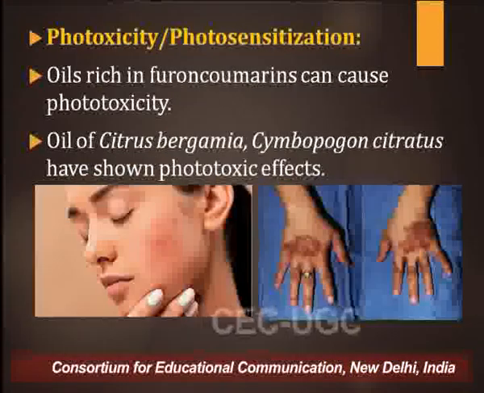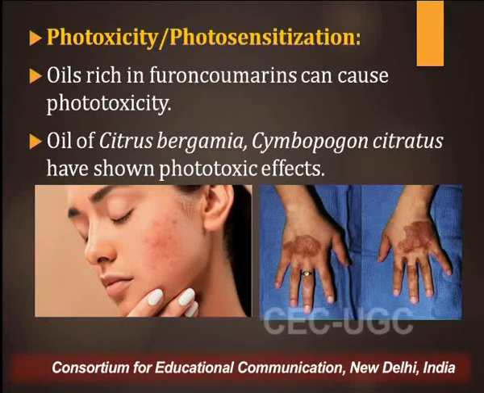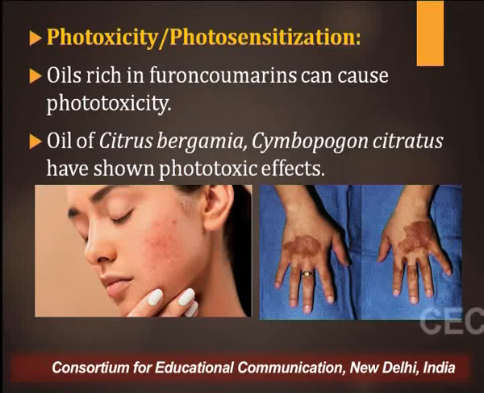Next safety or toxicity concern is phototoxicity or photosensitization. Certain oils are rich in coumarin type of compounds or psoralens, which absorb the sunlight and cause phototoxicity, and this phototoxicity is in terms of hyperpigmentation of the skin, and as you can see in the picture on the cheeks or on the hands, the person who exhibited the toxic effects of the oil of Citrus bergamia, and you can clearly see the hyperpigmentation on the hand.